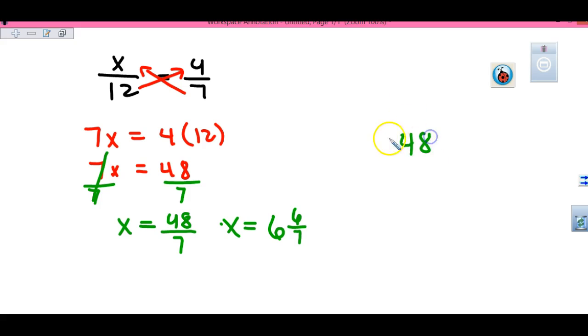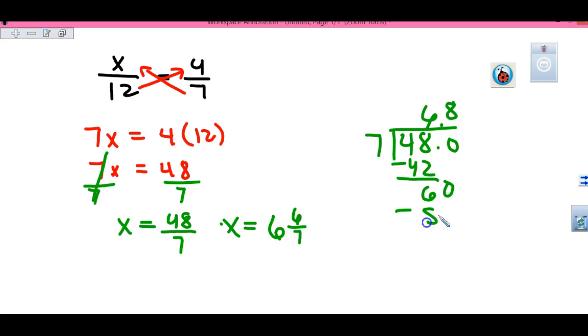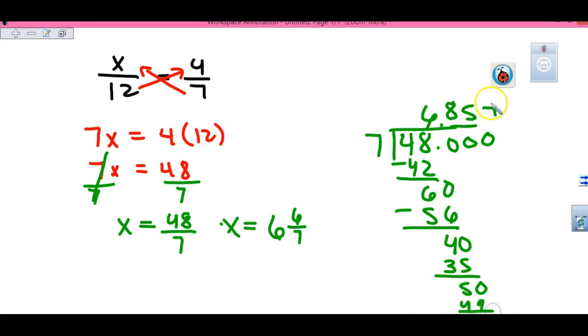Or as a decimal, 48 divided by 7. 7 goes into 60 8 times. Maybe we can round.